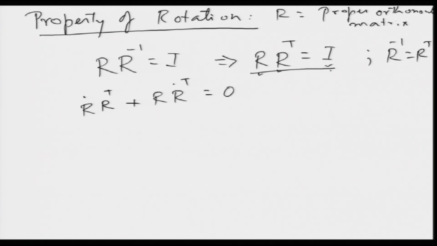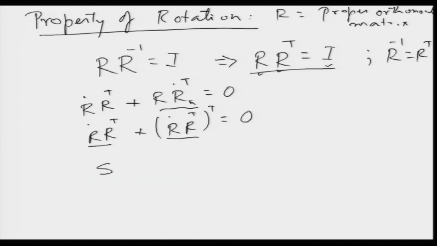Now, if I further write this as r dot into r transpose plus r dot into r transpose, okay, is equal to 0, then also it holds because you can see that this part here is equal to this part. Okay. So, essentially r dot transpose can be written this way, and so we see that this and this is the same now. So, I can say that S plus S transpose is equal to 0.